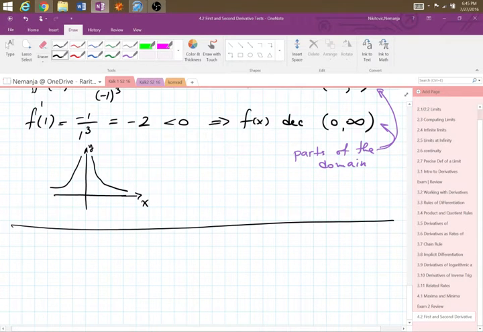Find the derivative, set it equal to 0, find the critical points, and then work out the rest. F of x, this is problem 34 in the textbook. F of x is equal to x squared minus 2 ln x.